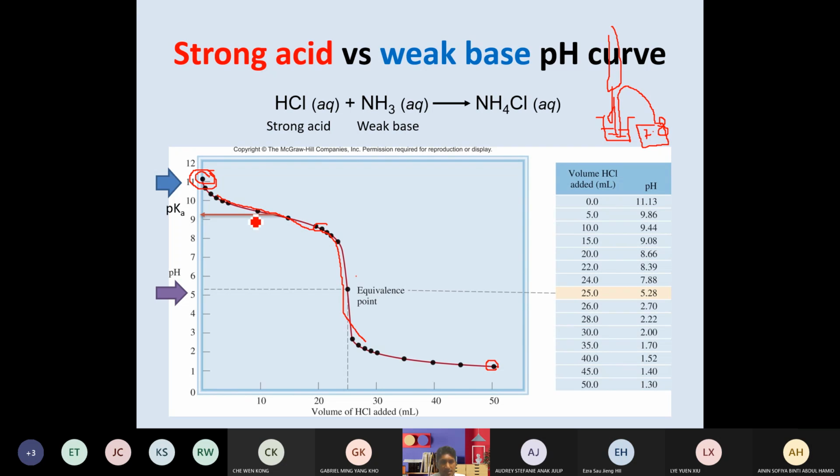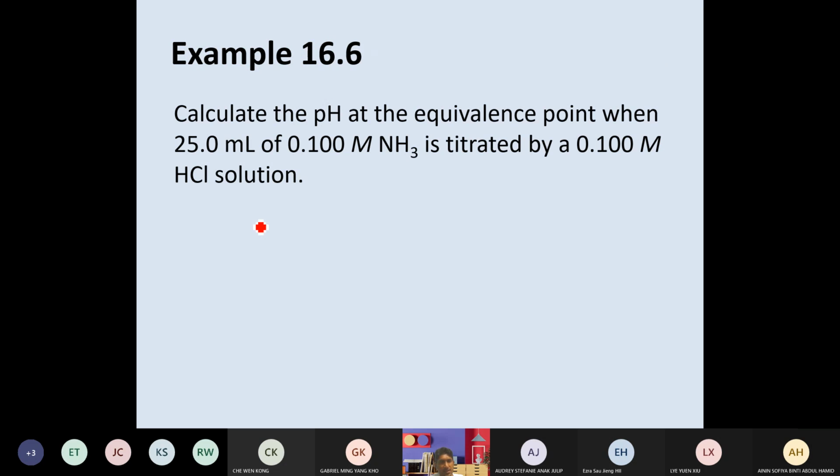It was coming down quite slowly, then jumped from here to here. Between these, we will find the middle point, and that middle point is the equivalence point for this. We will do it next week. And that is the half neutralization point. The half neutralization point is important for us to know the buffer solution as well. Okay.